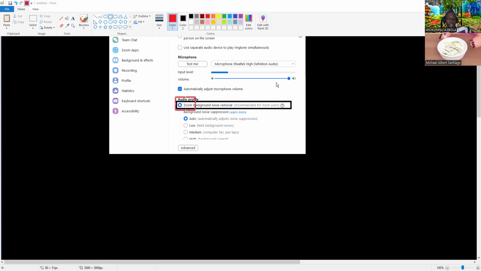I can't remove it either. Medium, low, background speech, background noises, computer humming, noise suppression, auto. Because without that, I will not be able to get whatever you're playing perfectly well, okay?